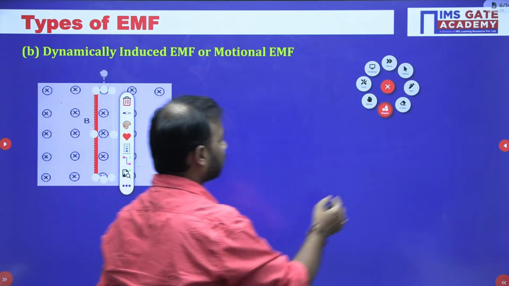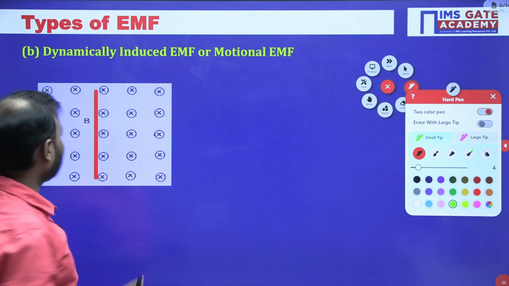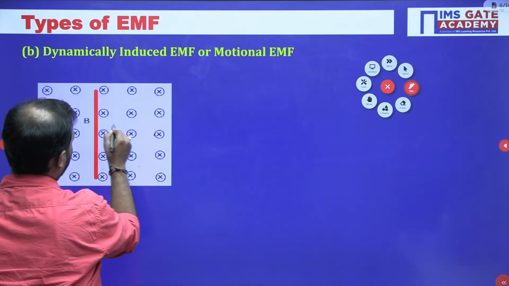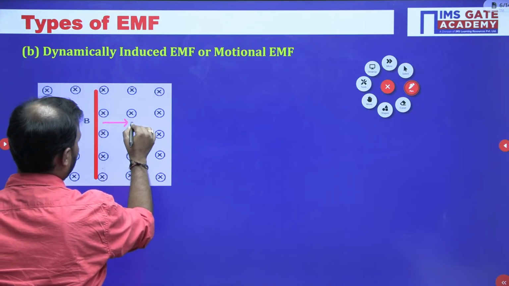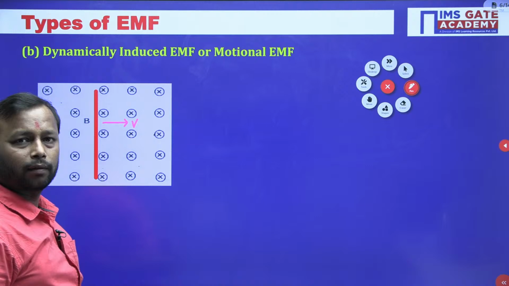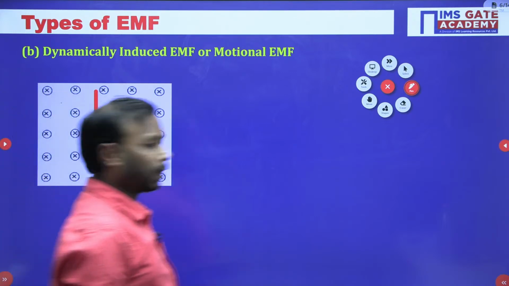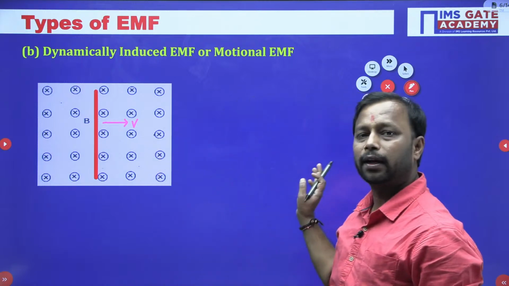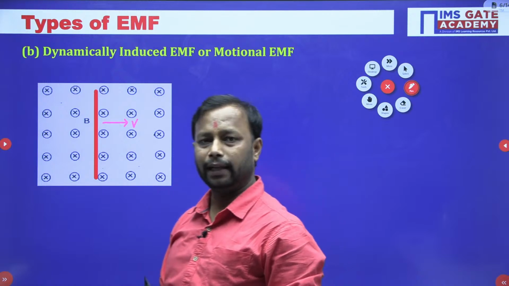So suppose this is a conductor, and this conductor is moving, let me take in this direction. Is this color visible to you? Okay, so it is moving in the right direction with a velocity v, and the magnetic field is inside.